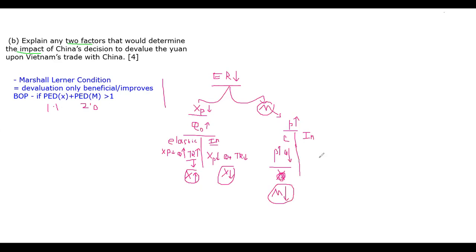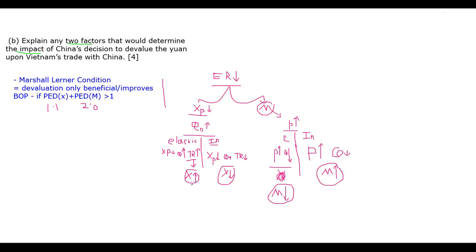If you look at the inelastic case, if prices increase but quantity only falls by a small amount, in this case the other country's total revenue increases, or your country's total expenditure increases, which in this case we can call import expenditure.